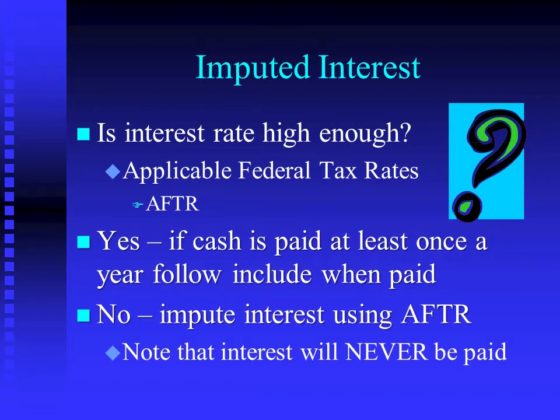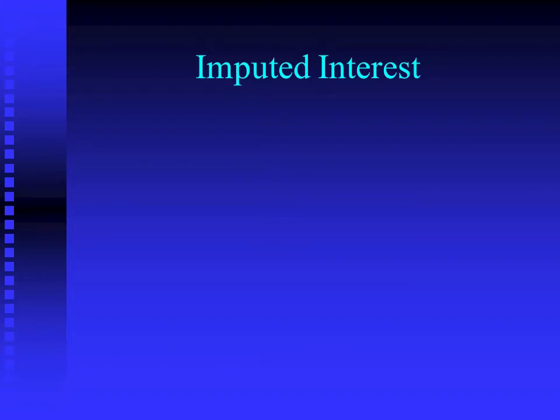So they wrote a tax code section, 7872, which goes on for about 15 pages, which is really complicated legislation, which then forces people who are charging interest rates less than the applicable federal rate to impute and pay taxes on money they're never going to get.